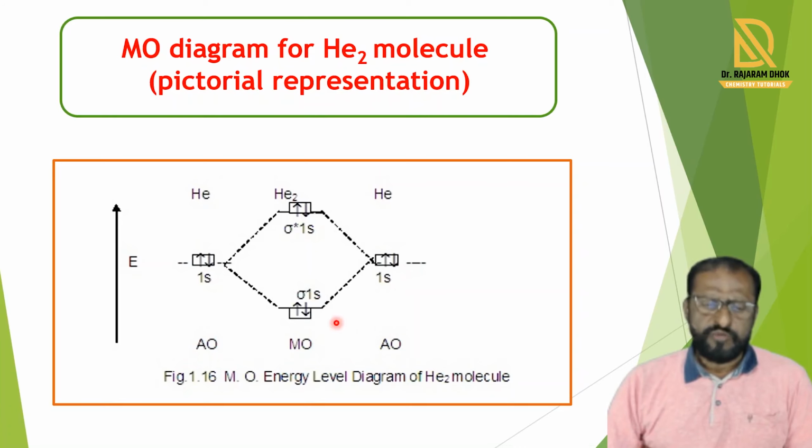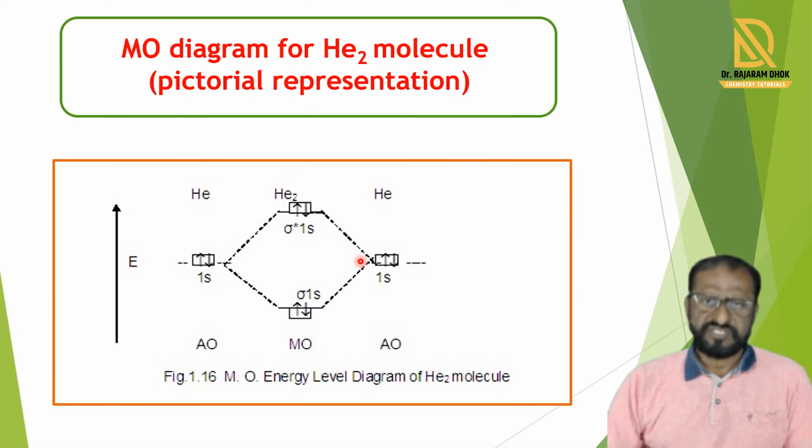When the wave functions of the first atom's 1s orbital and the second atom's 1s orbital add, there is formation of the sigma 1s bonding molecular orbital.